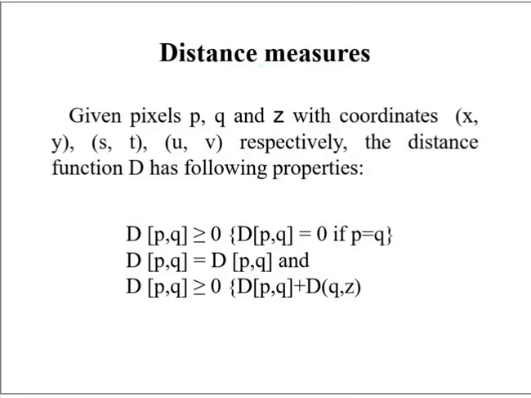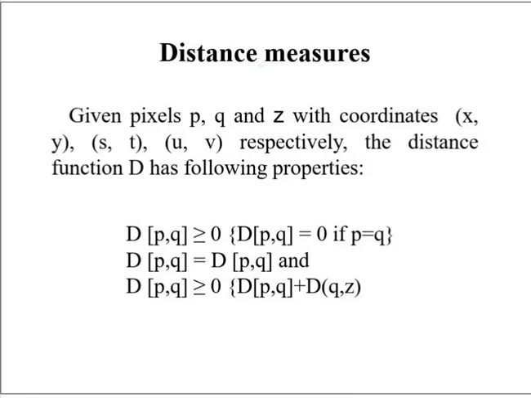For this distance measure, the pixels having a distance less than or equal to some value r from x, y are the points contained in a disk of radius r centered at x, y. The figure shows the representation of dE(p, q), the Euclidean distance between the points p and q.